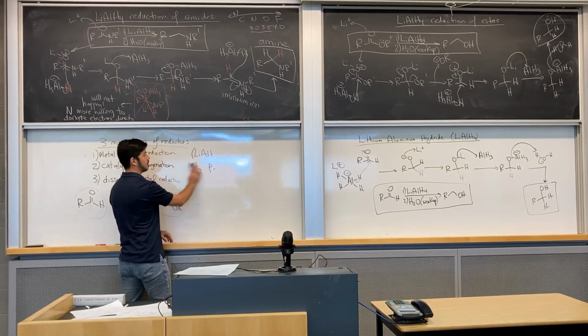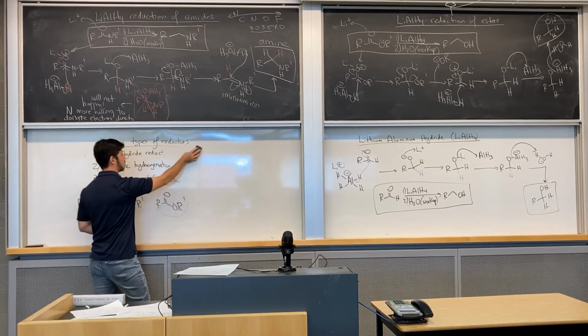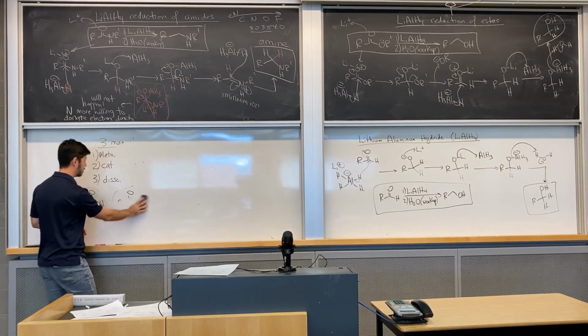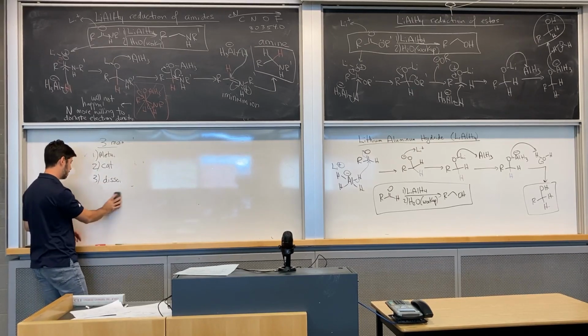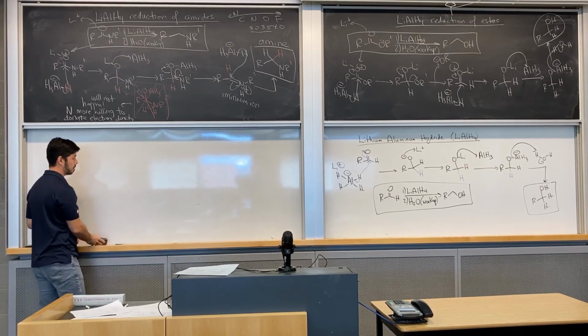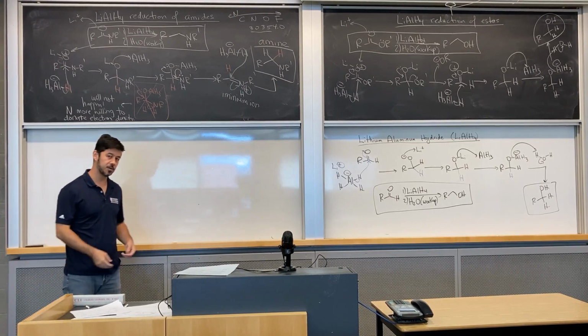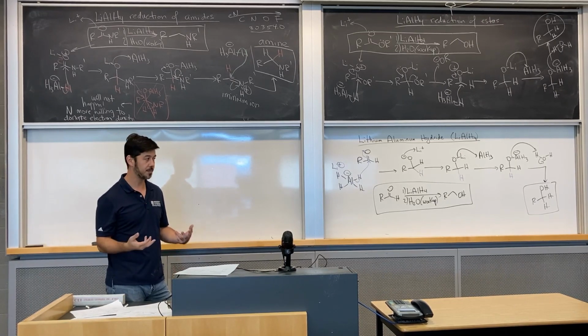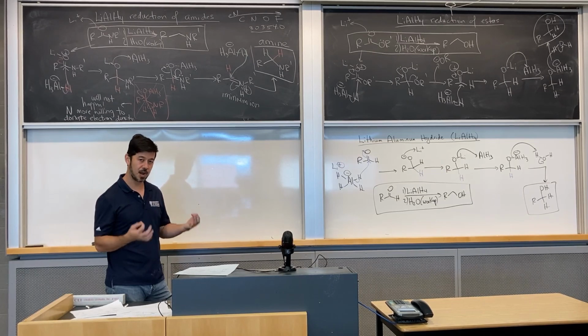One of the things about lithium aluminum hydride that you should be aware of is that it is a really strong reducing agent, and you have to handle it with extreme care. It's a highly exothermic reaction when you add it to any type of material, and there is a great risk of it igniting. It's super reactive. So sometimes it's not very practical.